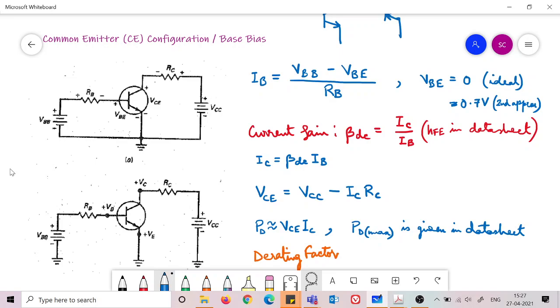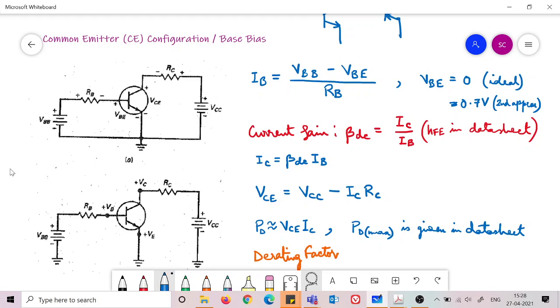Known, because this is nothing but a diode here, and we know the junction potential of a simple diode. It is 0.7 volt for silicon material, 0.3 volt for germanium. So if nothing is mentioned, we can consider this to be 0.7 volt.